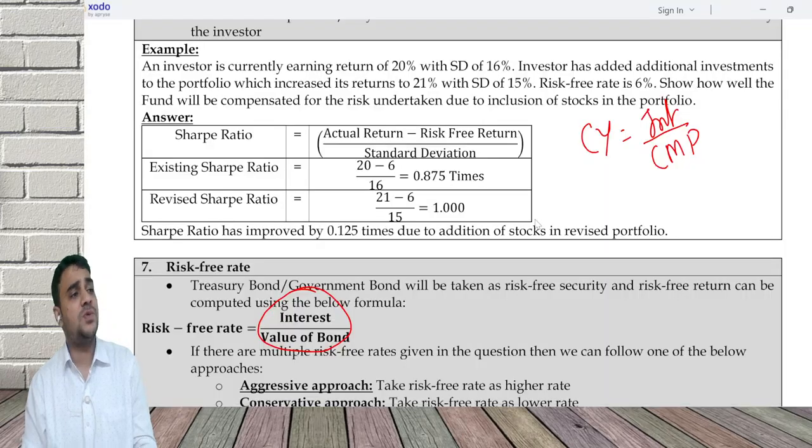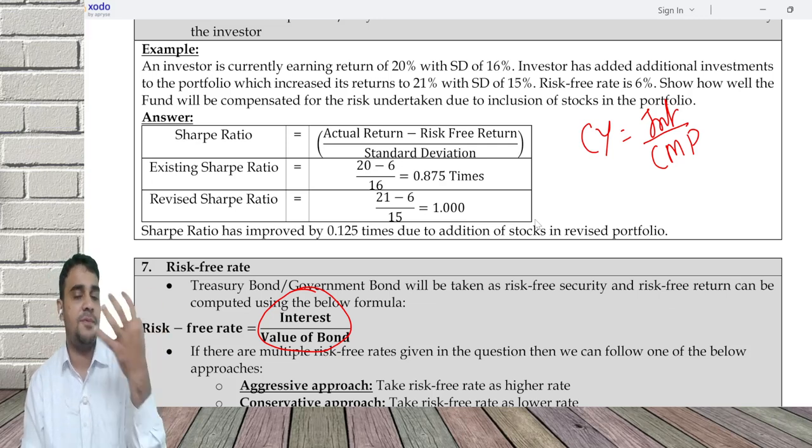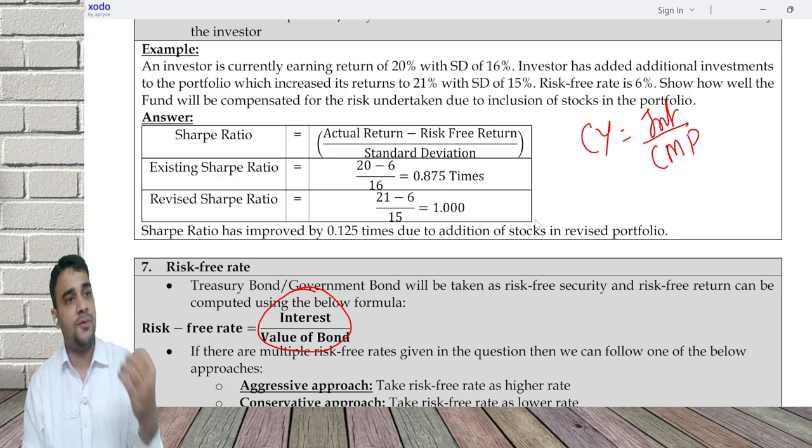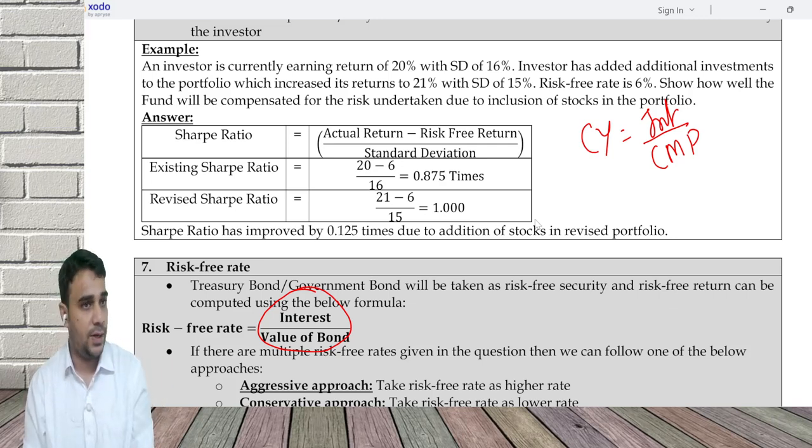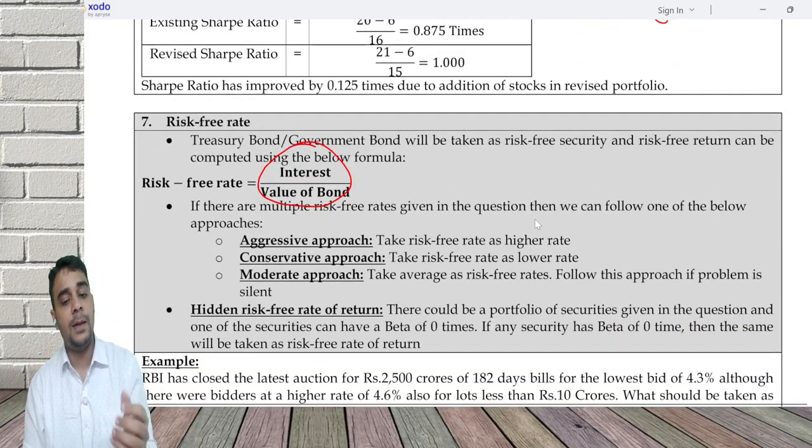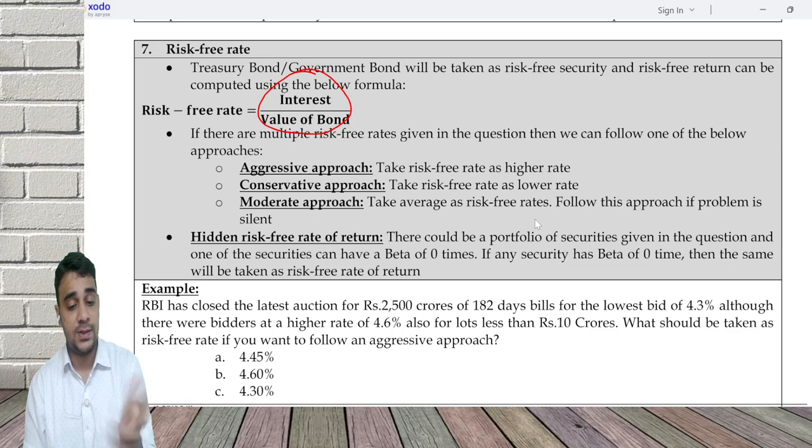Now, there can be a situation where they can give multiple risk-free rates. What multiple risk-free rates means is, they gave an example saying that RBI is doing an auction. When RBI did this auction, bids came from people. So, somebody bid at 4.1, somebody bid at 4.2, somebody bid at 4.3, somebody bid at 4.4. All these are examples of risk-free rate only. So, if you have multiple rates, the highest rate, okay, this is an example.